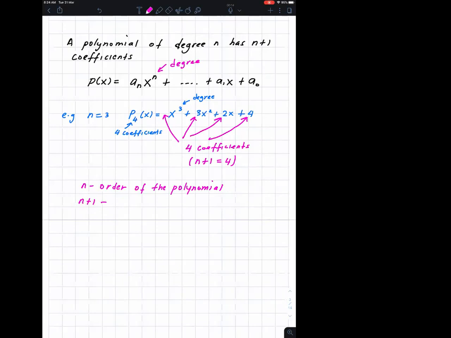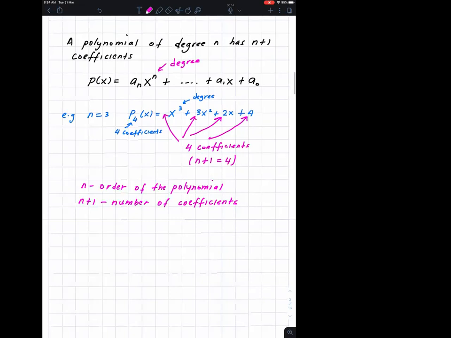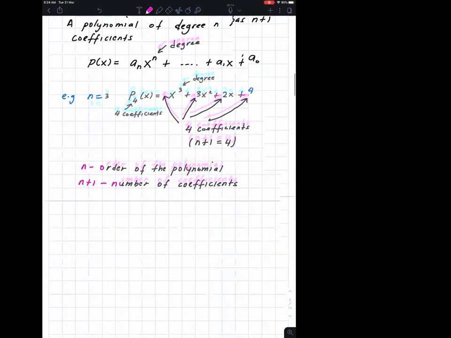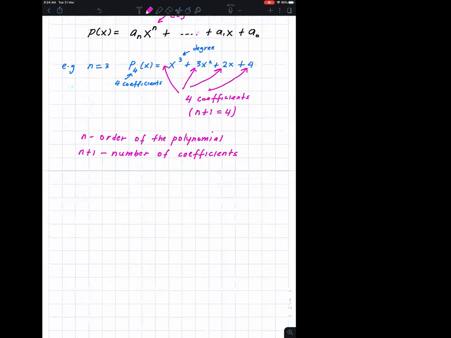N plus 1 is the number of coefficients. Let's do a quick example now. This is just a quick example to show you how to derive a Lagrange polynomial.